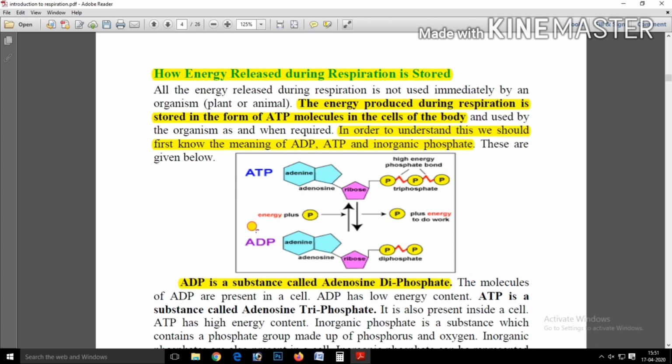In this, one adenosine organic compound is bonded with two phosphate groups, and you can see here in the diagram. And the full form of ATP is adenosine triphosphate. That means one adenosine compound is bonded with three phosphate groups. That is why triphosphate. You can see here three phosphate groups.